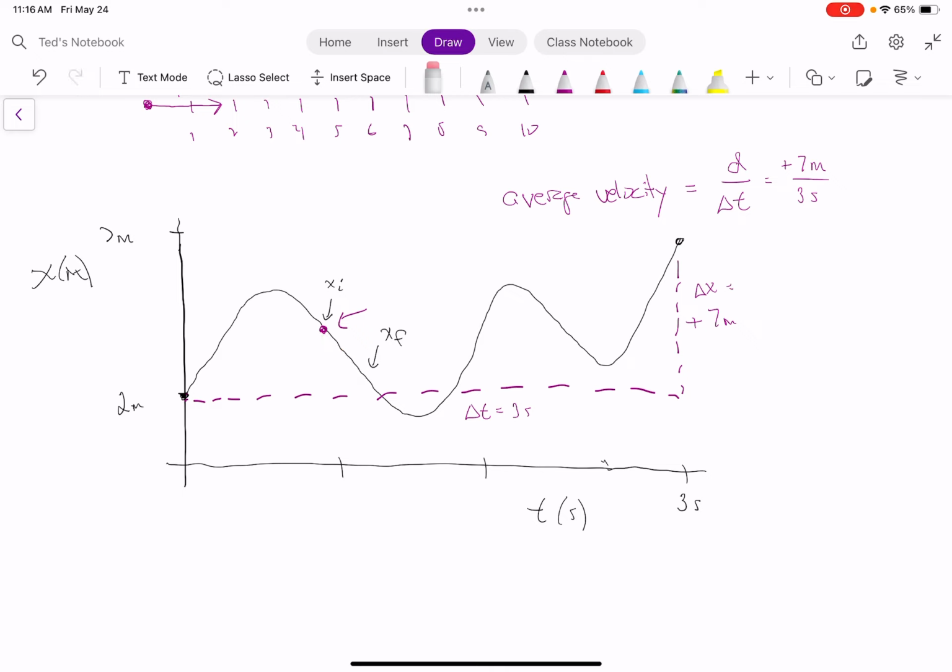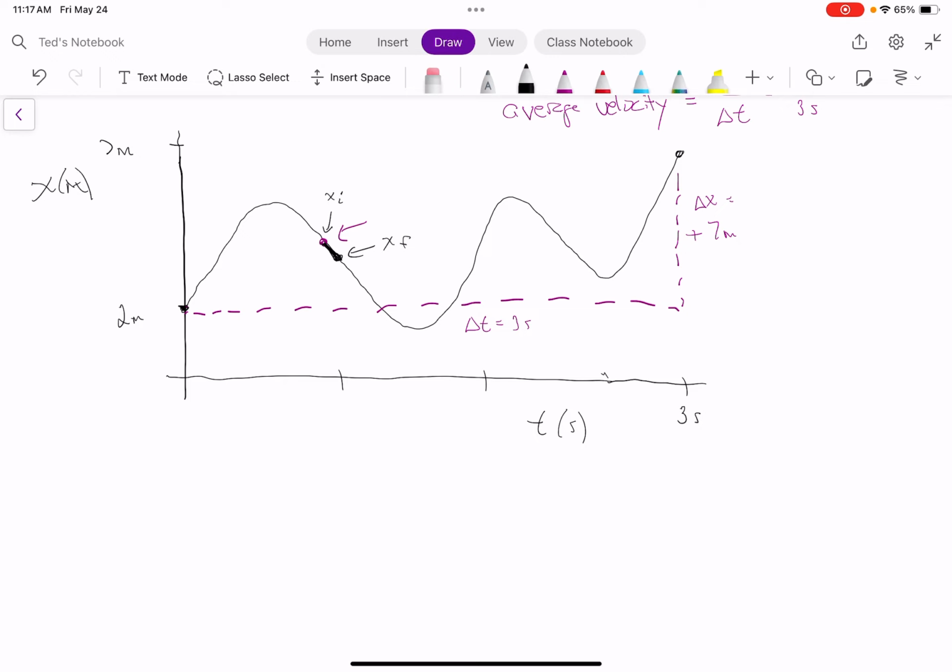So instead of picking this as our x final, let's pick something that's even closer as our x final. And then the slope of this line would tell us a better estimate of the velocity at x initial. But if we want to do even better, we should take an even smaller period of time. And so velocity at a given point is actually a limit.